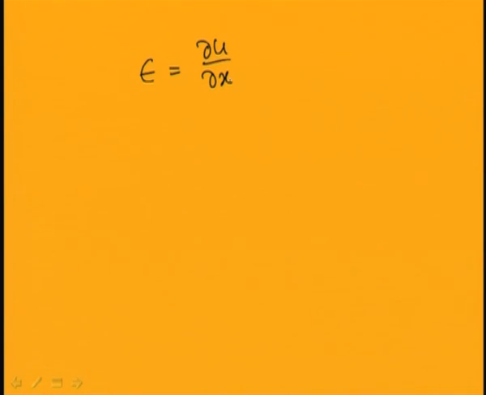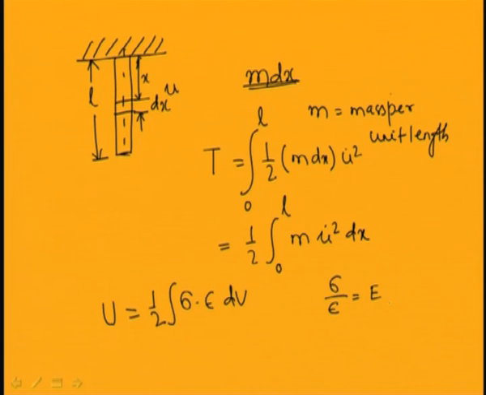So this potential energy U can be written as half integration of sigma into epsilon into dV, where epsilon is del u by del x and sigma is the stress. As stress by strain equals E.